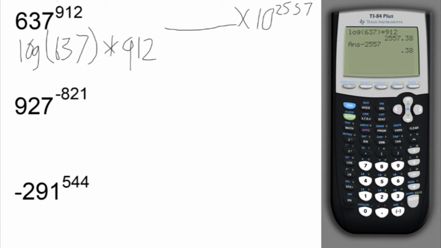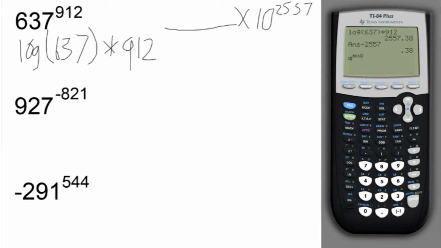Now the last step is to do 10 to the power of this decimal, which is 0.38. The way we can do that is we can hit second log, which is 10 to the power of x, and we have this 10 to the power of this blank exponent thing. So for this, we can just type second negative, which is answer.